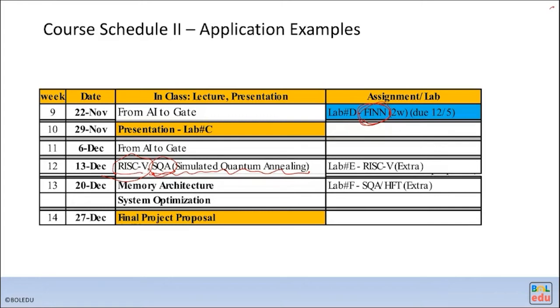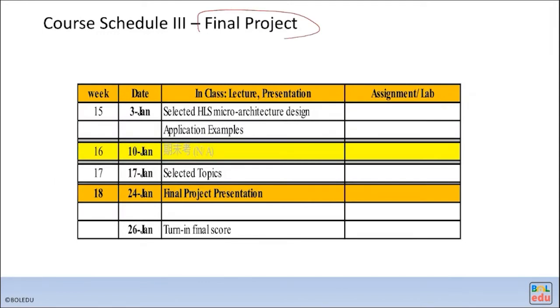And the last part, the third part of the course, will be the final project. In the last part, you have 1 to 1.5 months to work on the final project, and the final project will be a guided process.